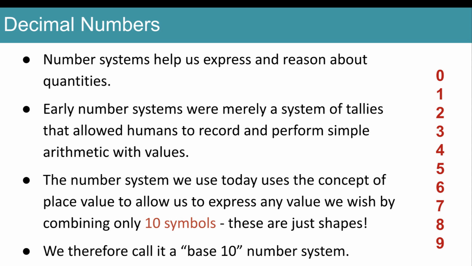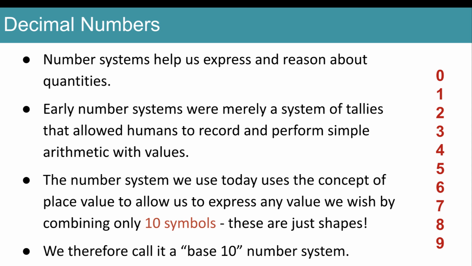So number systems help us express and reason about quantities, right? I have 2 oranges. I have 3 children. Early number systems were merely a system of tallies that allowed humans to record and perform simple arithmetic with values. Then the number system was invented, and the number system we use today uses the concept of place value to allow us to express any value we wish by just combining only 10 symbols.